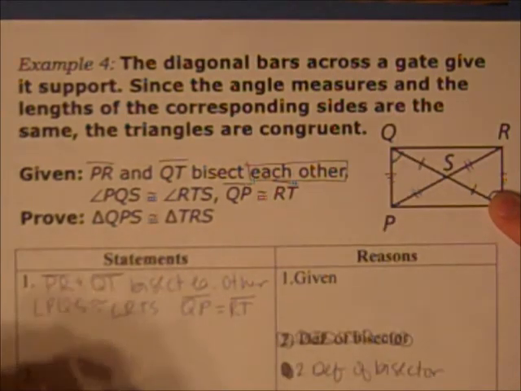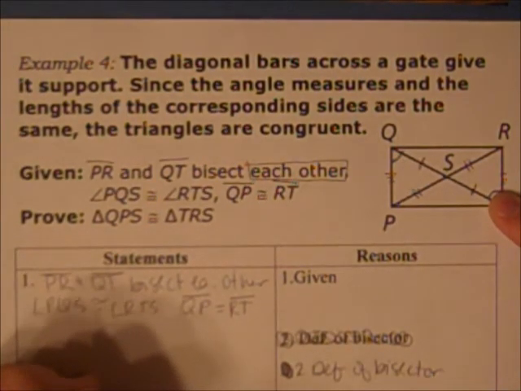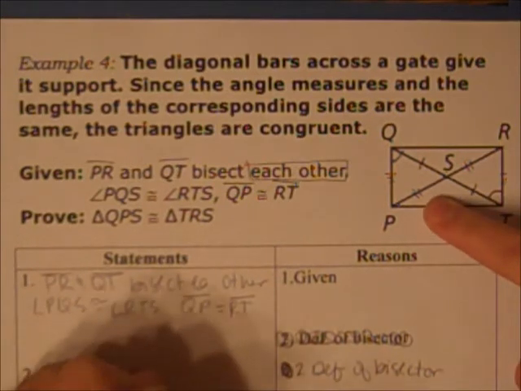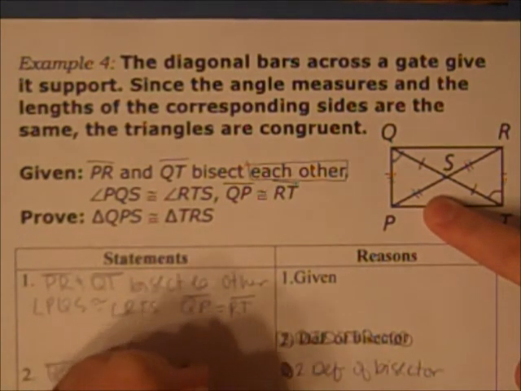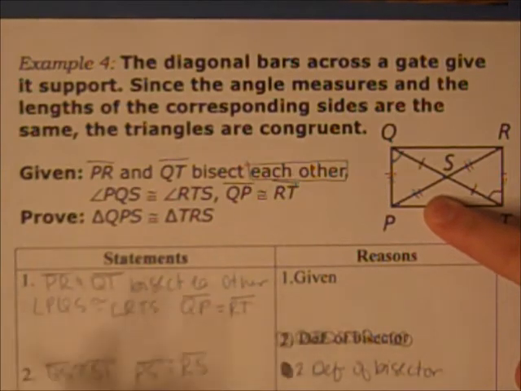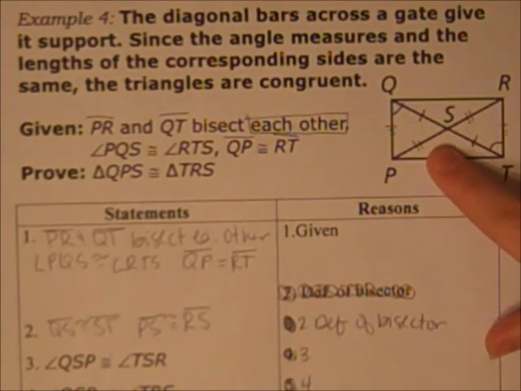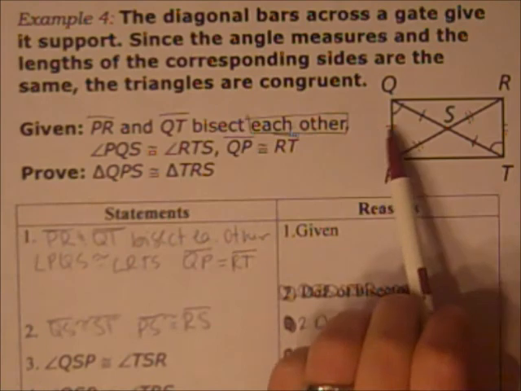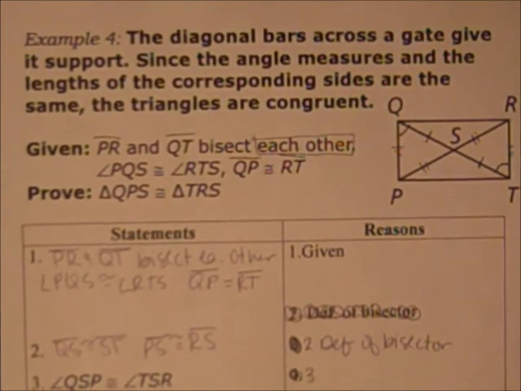It's going to mean that QS is congruent to ST because that was bisected, and the other side, PS, is congruent to RS because that side was bisected. So right there in one step, I already got 2 out of my 3 sides. And I already had the third one because it was given to me. So first of all, I already have all 3 sides, so that's good.